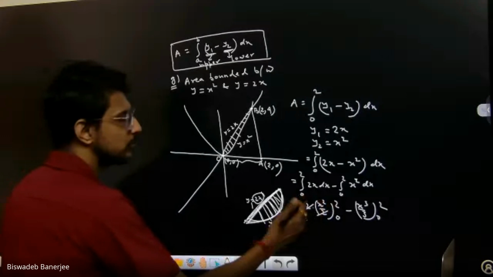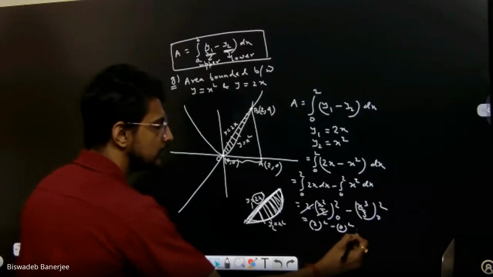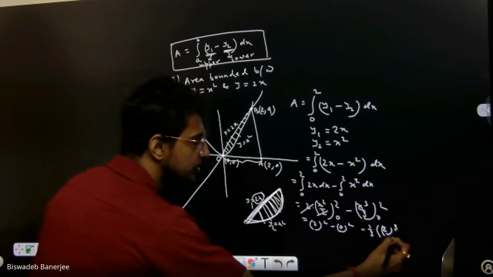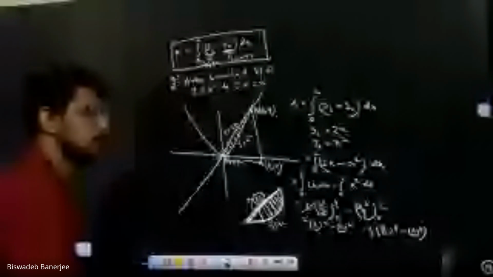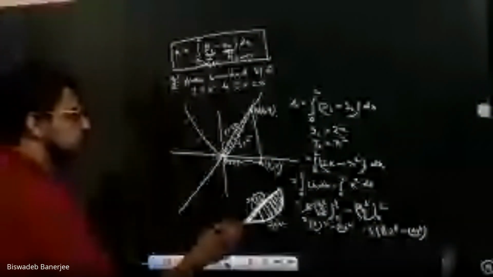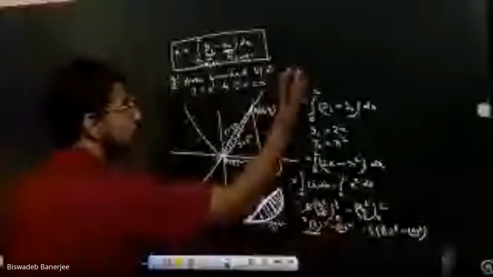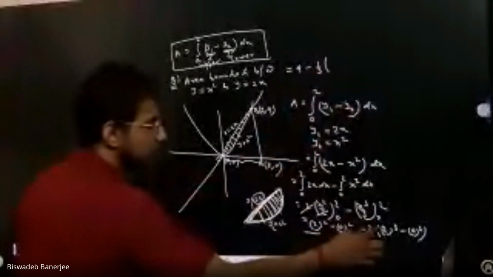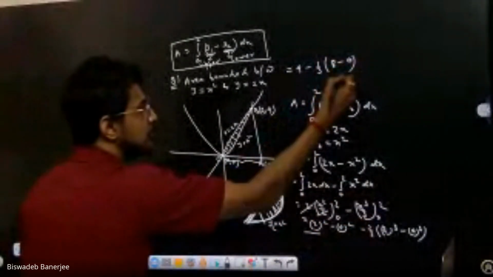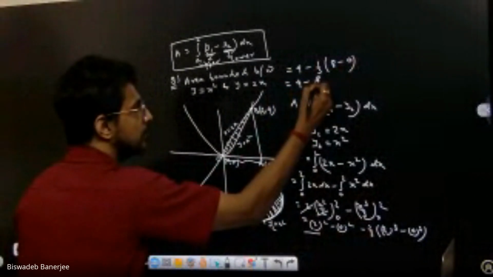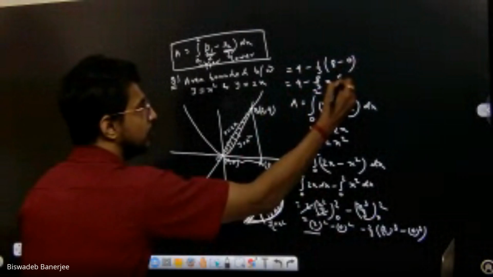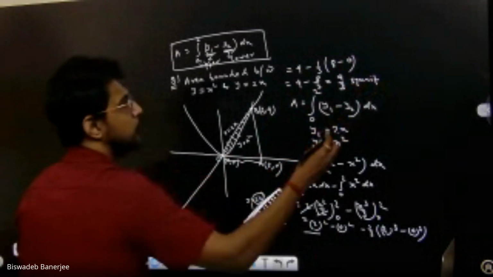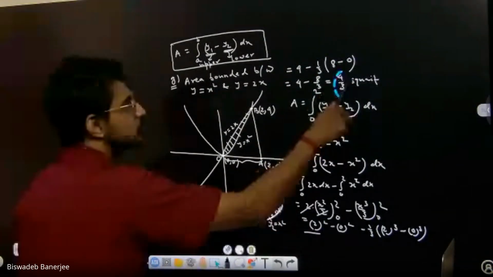Put x equal to 2 and 0: 2 squared means 4, 0 squared means 0, and 2 cubed means 8. So 4 minus 8 by 3, which is 4/3 square unit.